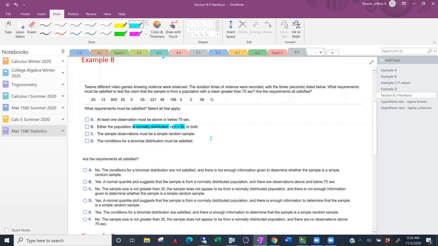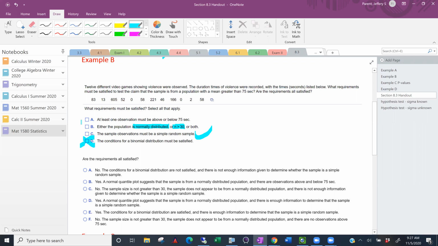The observations from a simple random sample, okay, that's something that we can't really cover too well. Conditions for a binomial distribution must be satisfied. No, that one's not true. That would apply to our work from section 8.1. What about this one? At least one observation must be above or below 75 seconds.